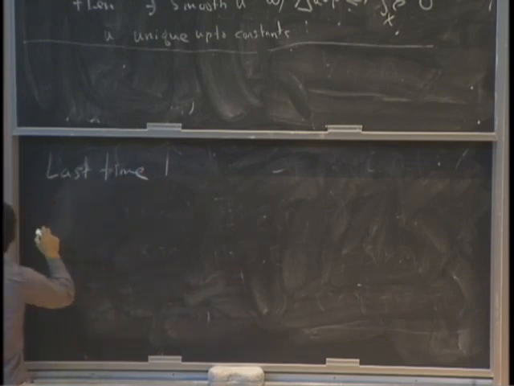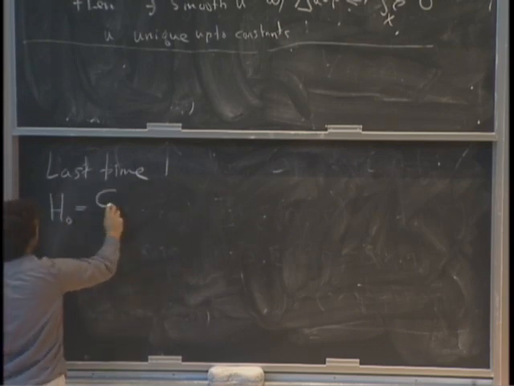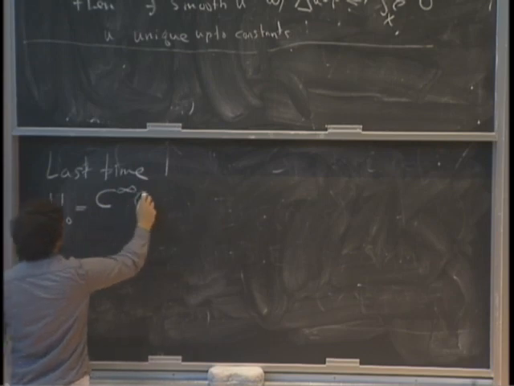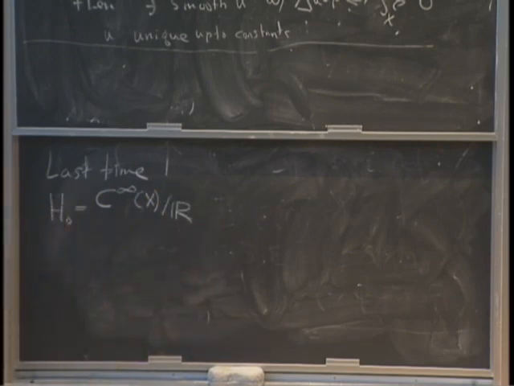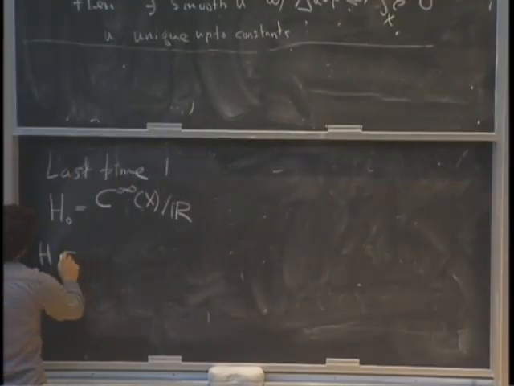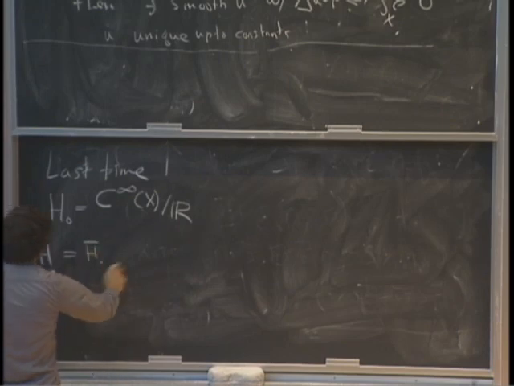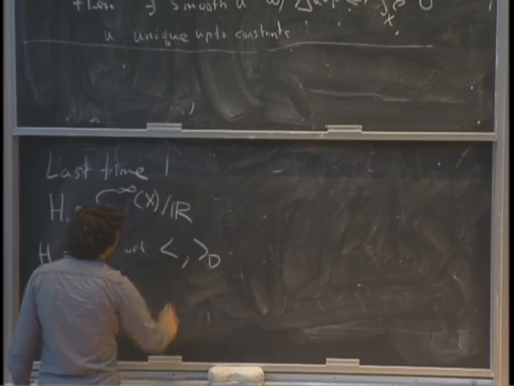We started with an abstract vector space H0, which we were supposed to think of as the space of functions whose integral was 0, which of course requires a choice, and we let H be the completion of H0 with respect to the inner product given by the Dirichlet energy.